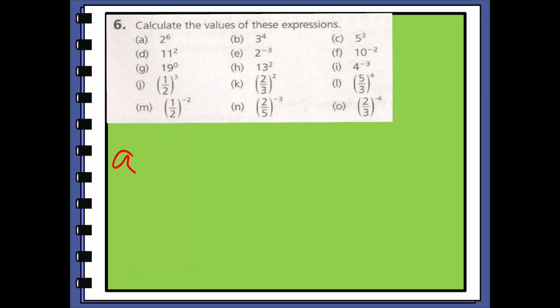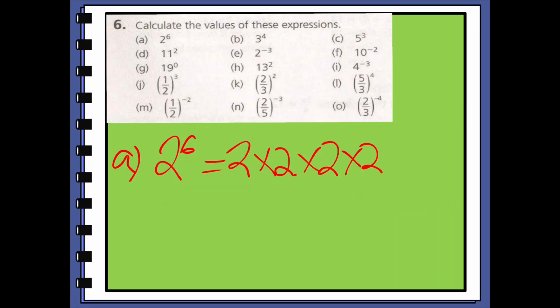So we've got a, which says 2 power 6. Power means you multiply repeatedly. In this case, the 2 should be written 6 times: 1 2 3 4 5 6.